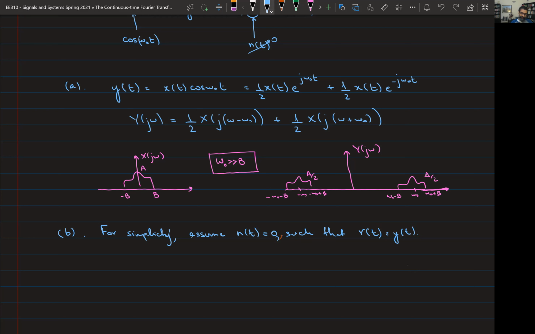So the question is, how can you recover x of t from y of t? Any ideas? Does anyone have an idea?